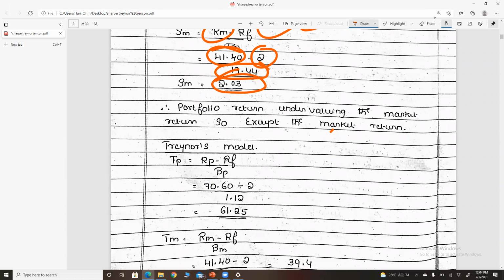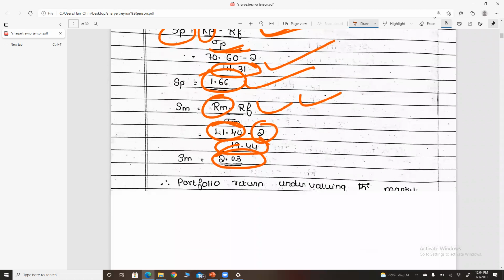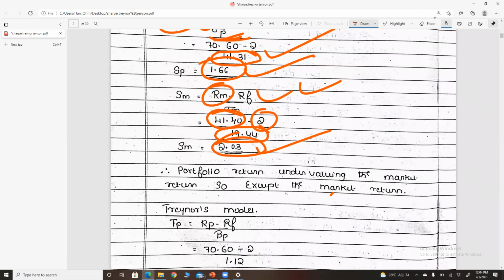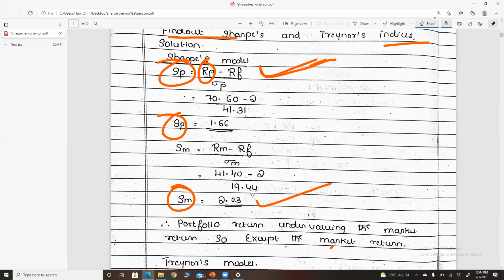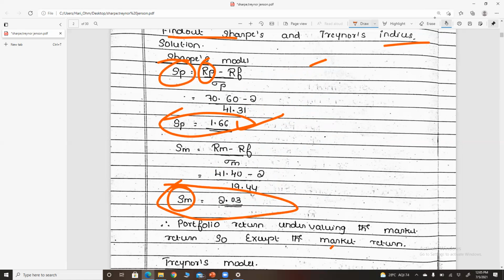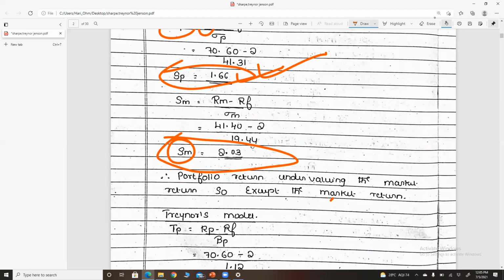Now you need to compare your individual portfolio return along with the market return. Now this is the market return and this one is the individual portfolio return. This answer is the individual portfolio return and this answer is the market return. Now you need to compare this one with the market return.